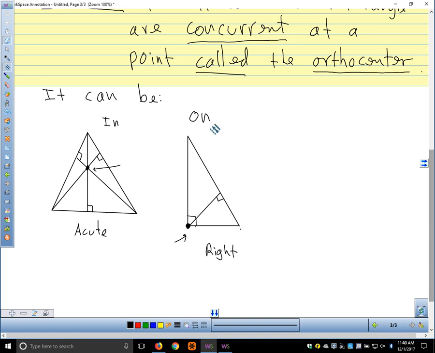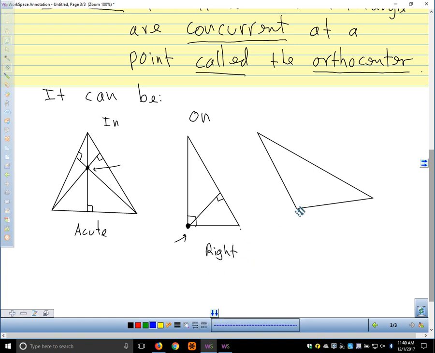And for an obtuse triangle, because we have to extend the sides, our orthocenter is outside the triangle. So let me draw my extended sides. I have to extend that side, and I have to extend that side. And I need to make that a little longer.